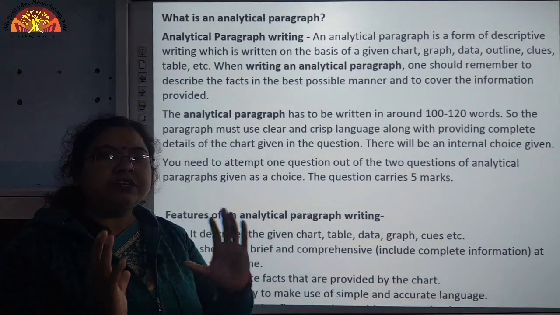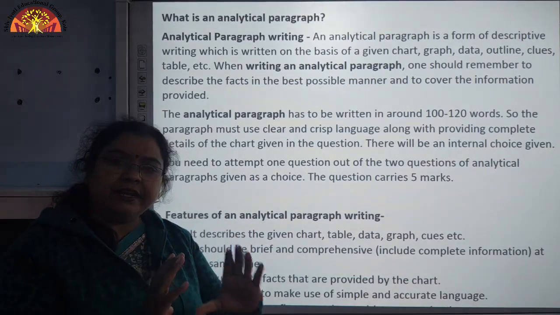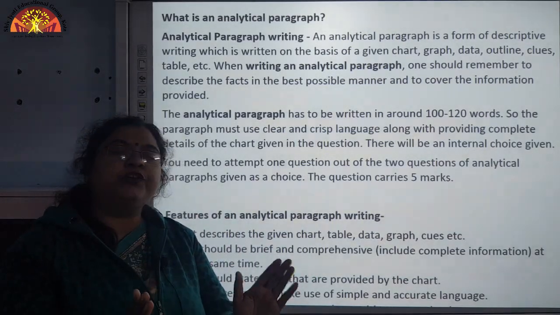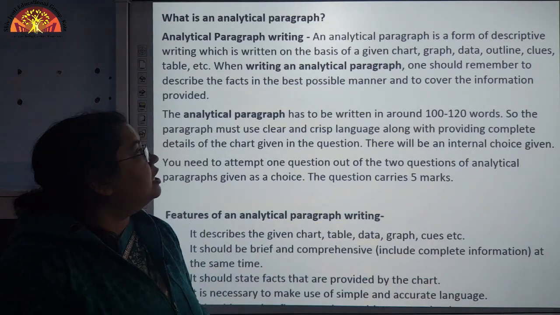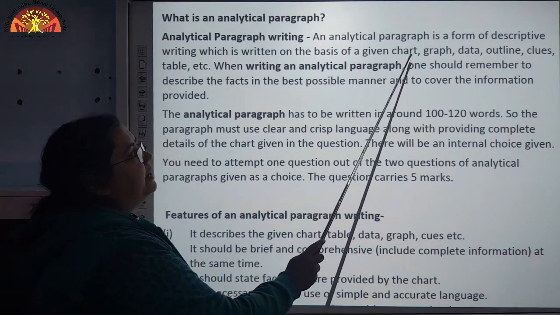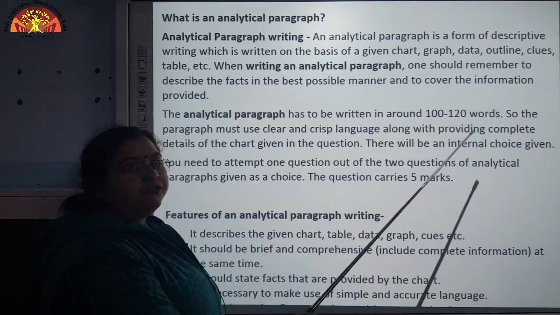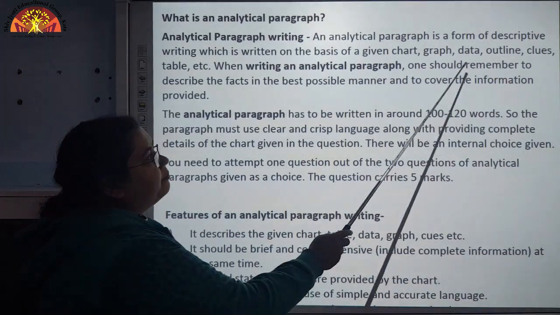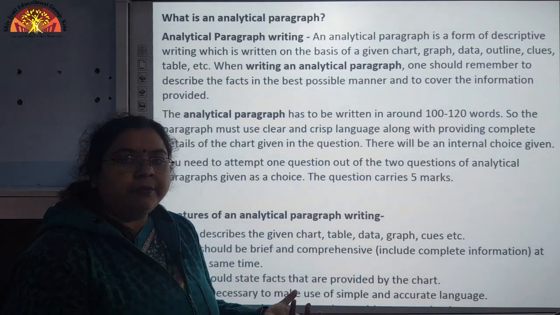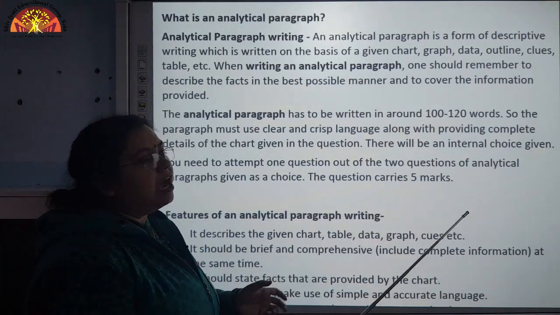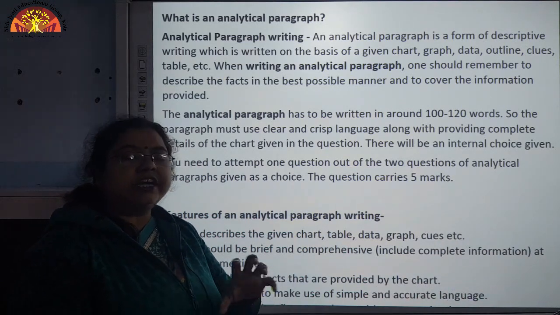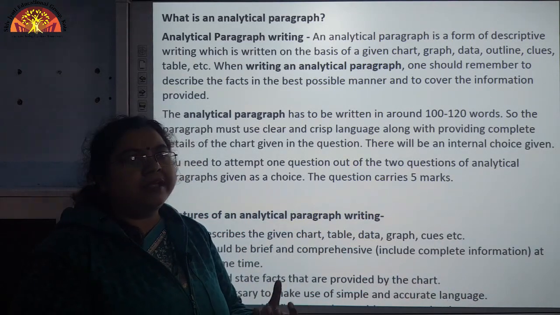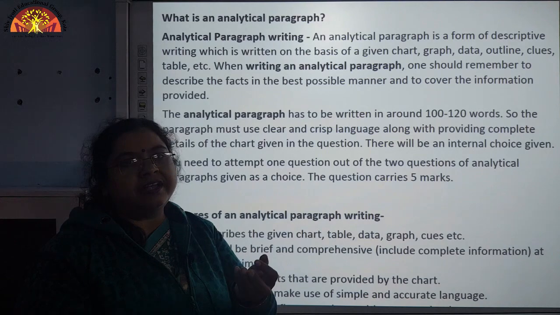Now first of all you have to understand the information which has been shared with you in the question. It can be in any form. You can get a pie chart or a graph in the question. It can be data in the form of a table. It can be an outline graph, and then it can be certain clues also, like a part of an article.